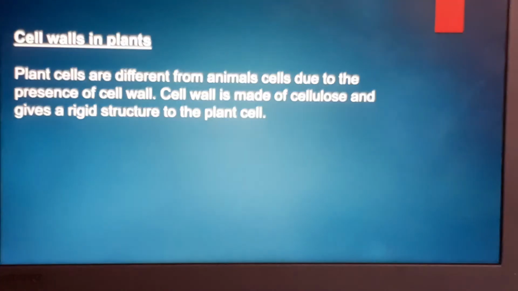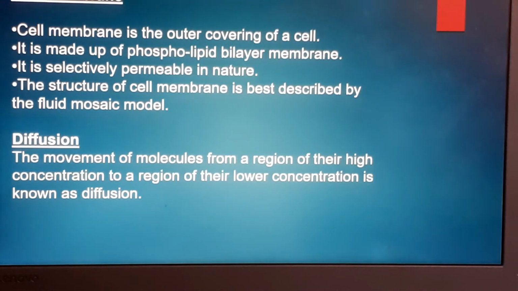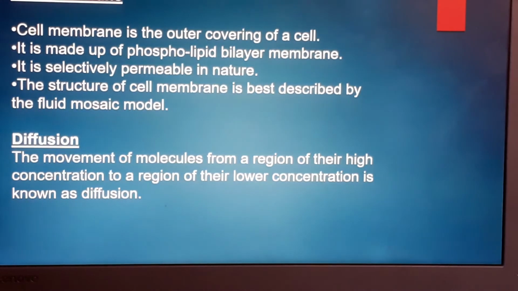Now see here, the cell wall is made up of cellulose, that we know. Then the cell membrane is made up of a phospholipid bilayer, and the important thing is that the cell membrane is selectively permeable in nature. That means it does not allow all the particles or molecules inside the cell.